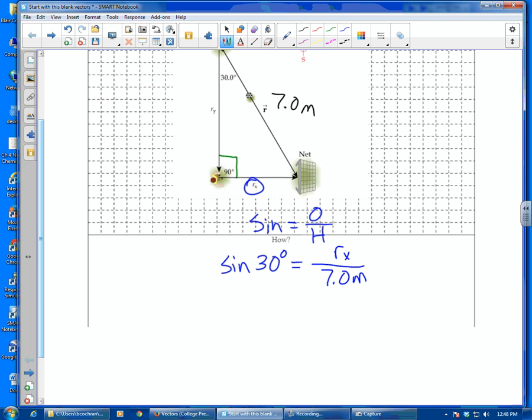I need to solve for RX, so I'm going to bring 7.0 meters up to the other side: sine 30 degrees equals RX. Got my calculator. And 7 times sine of 30 is 3.5. So I get 3.5 meters equals RX.